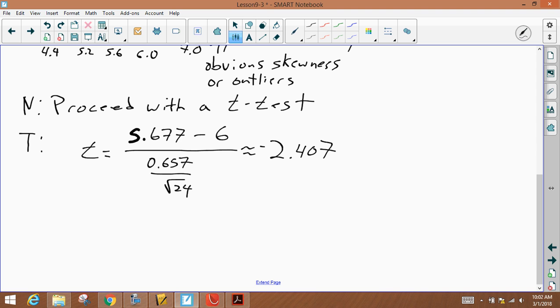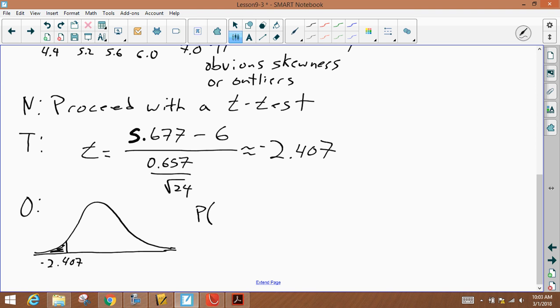Let's get a p-value. So our p-value is going to be the area under the normal curve to the left of the value negative 2.407, right? Always nice to draw a picture.